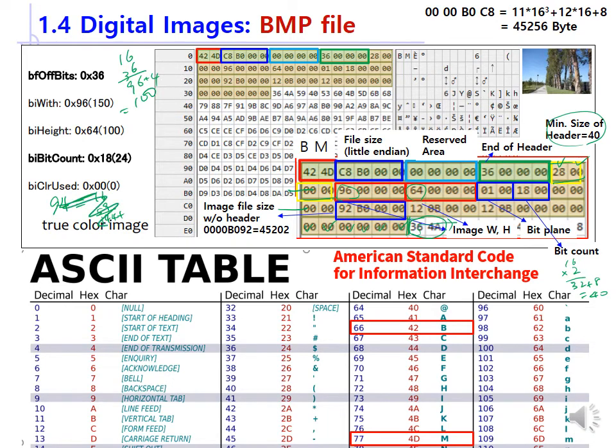So height is 100. And 96 in hexadecimal: 9 times 16 is 144, plus 6 means 150. So width is 150 and height is 100.